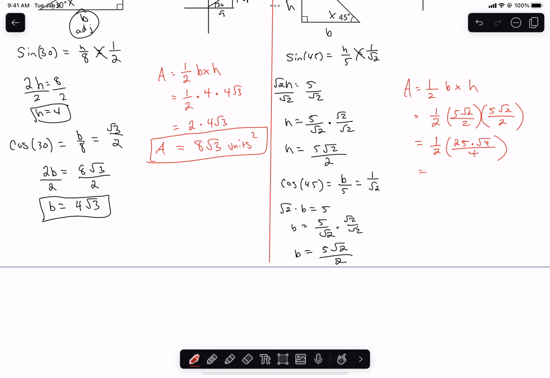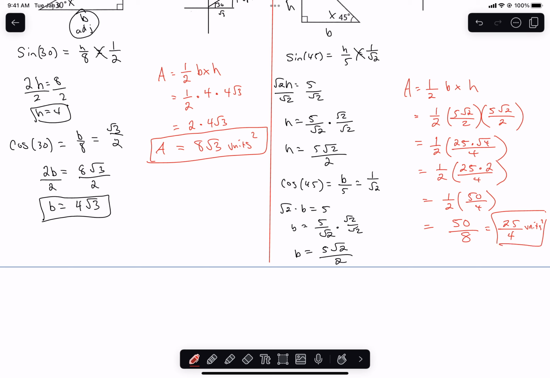Okay, which is going to be the 1/2 of 25 times 2 divided by 4, which is going to be 1/2 of 50 by 4, which is going to be, sorry, it'd be 50 by 8, okay, which is going to reduce to 25 by 4, and I don't think that reduces any more, units squared.